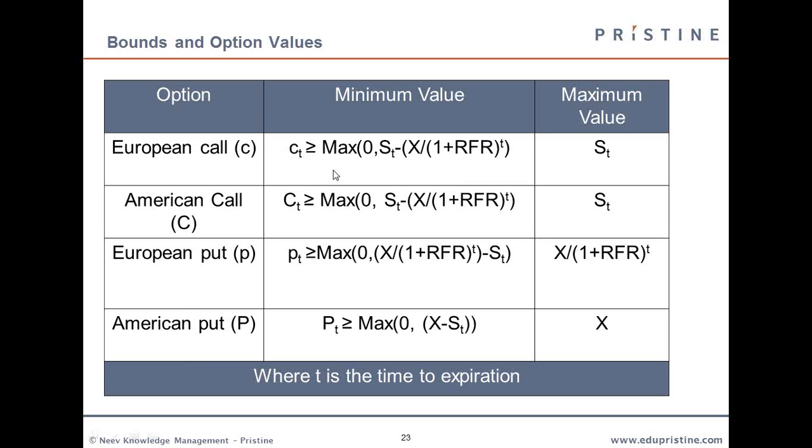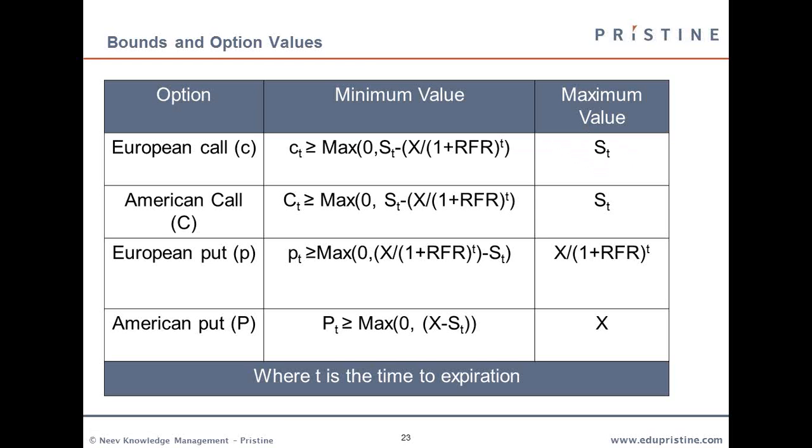In case of European call, the minimum value is at least 0 or the difference of the stock price and the exercise price. And the maximum value is obviously the stock price, because if the call value exceeds the stock price, then there is a possibility of arbitrage.